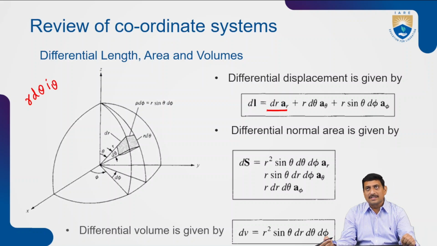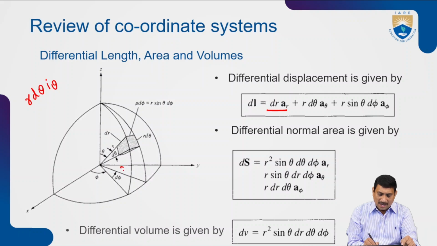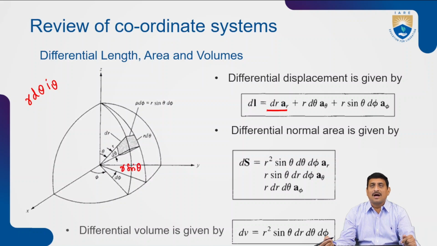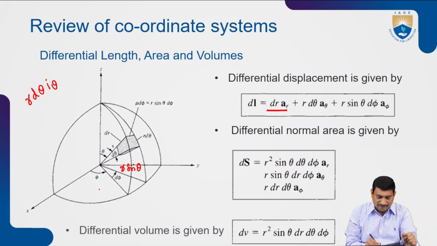In a similar way, in the phi direction, the component of r onto the rho vector is r sin theta. Therefore, if phi is increased by an amount d phi, the total incremental length in the phi direction is r sin theta d phi.